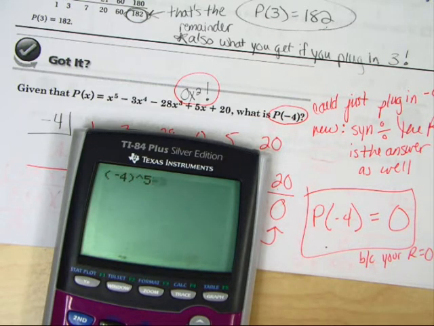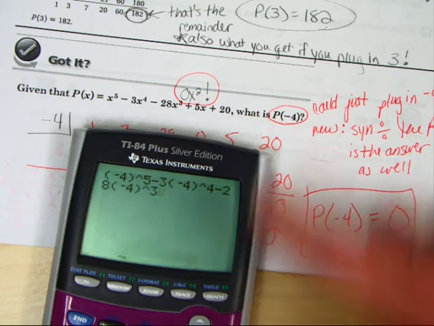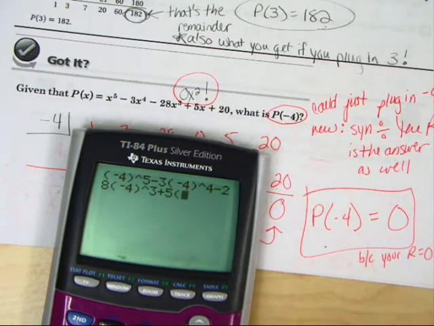And then we do minus 3 times negative 4 to the 4th. And right here, minus 28 times negative 4 to the 3rd. Right here, plus 5 times negative 4. And at the very end, plus 20. Now when I hit enter, I should get 0. And that's exactly what the remainder was, so it's exactly what I should have gotten.